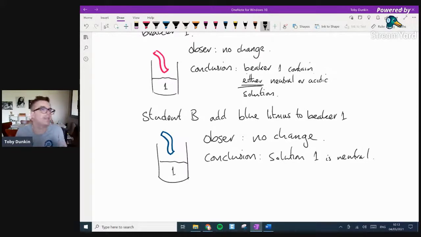It's actually just litmus, depending on what the original condition is. So if you put litmus indicator in acid, by the way, litmus powder is white, just so you know. You add litmus powder to acid and it's red. You add litmus powder to an alkali and it's blue. And then you just have to flip it over by adding your substances.